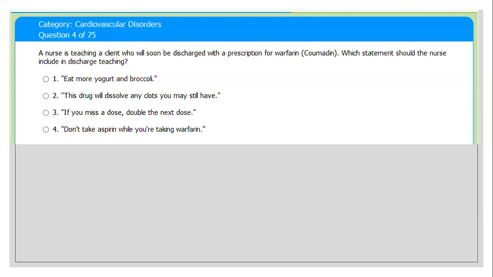So warfarin is a blood thinner. The common brand name is Coumadin. Basically this medication is used for blood clots like deep vein thrombosis or DVT, pulmonary embolism, and to prevent new clots from forming in your body.